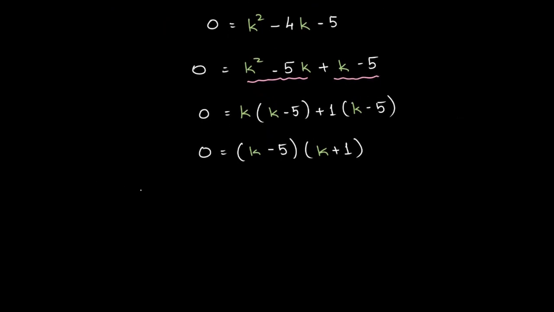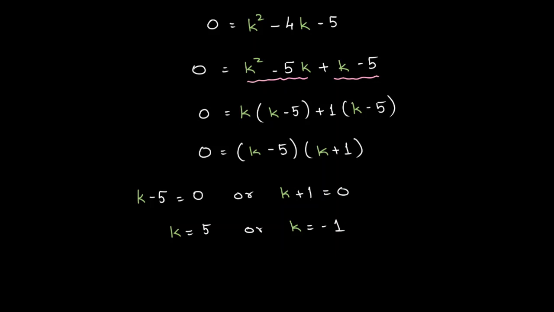That means either it is k minus 5, which is equal to 0, or k plus 1 equal to 0. If I solve this equation, I get k is equal to 5, or I get k is equal to negative 1. Alright, so I get two answers for k.